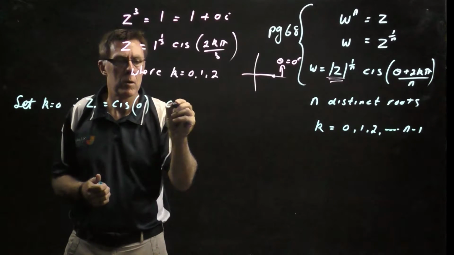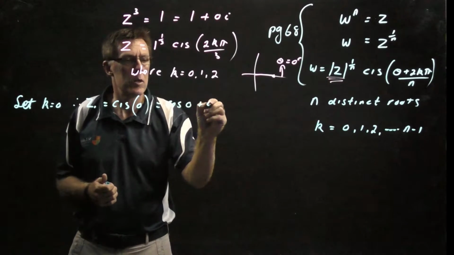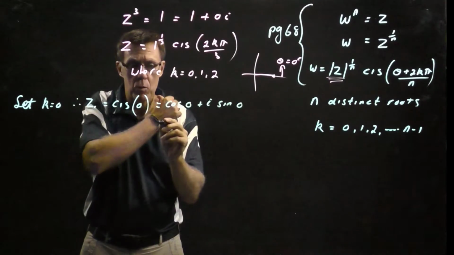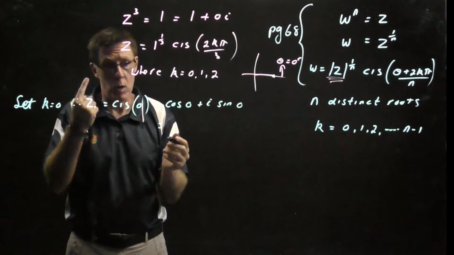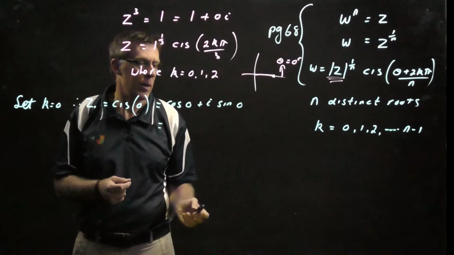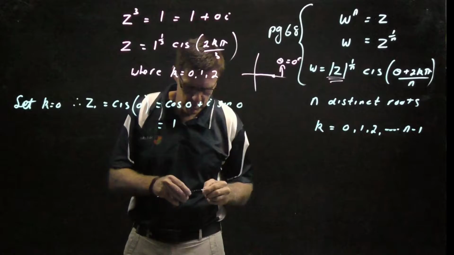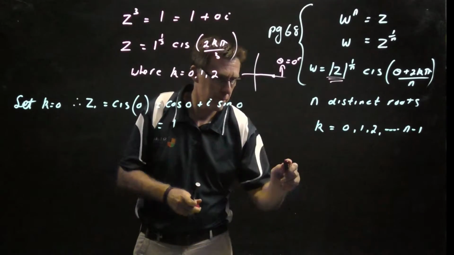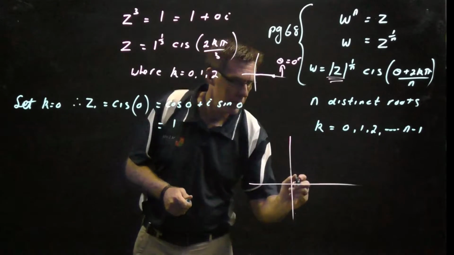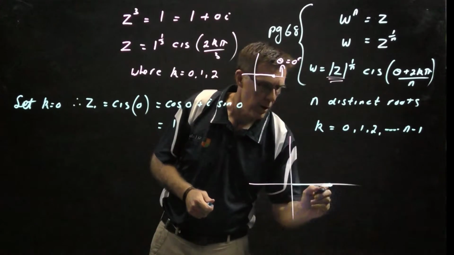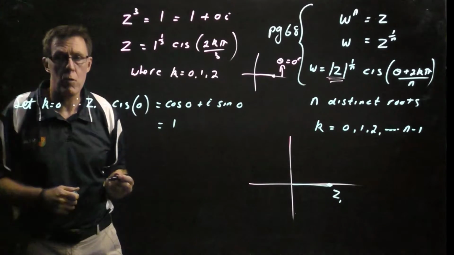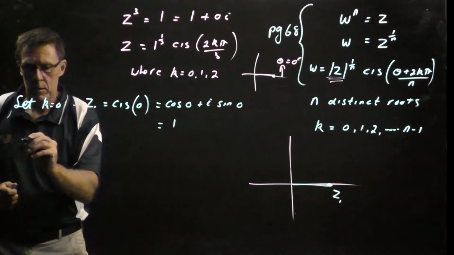So I've got cos 0 plus i sine 0, which equals 1, since cos of 0 is 1 and sine of 0 is 0. If I mark it on an Argand diagram, there is the first solution to the third root of 1. Let's look at the next one.